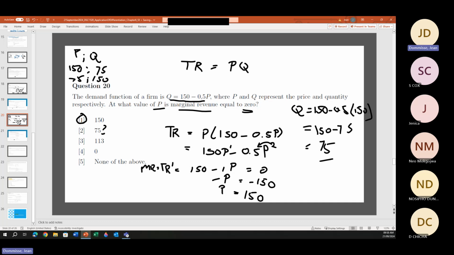So you need to know how to work out Q if that is also asked in the question. You can work out the P with the differentiation, but they might just ask you how to work out the Q as well.